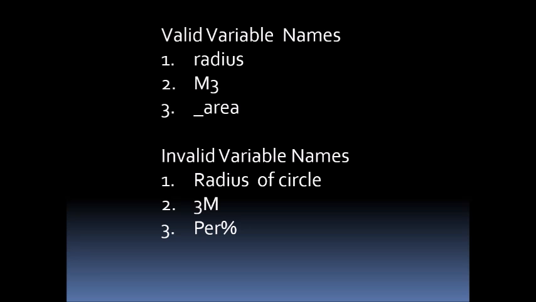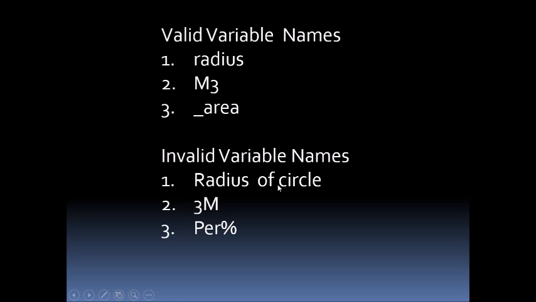The second address is M3. This is also a valid variable name because this starts with an alphabet, although it has a number inside. This is also valid because it starts with an underscore. Now let's see what are invalid variable names. The first one, radius of circle, is invalid because it contains a special character, and that is a space.